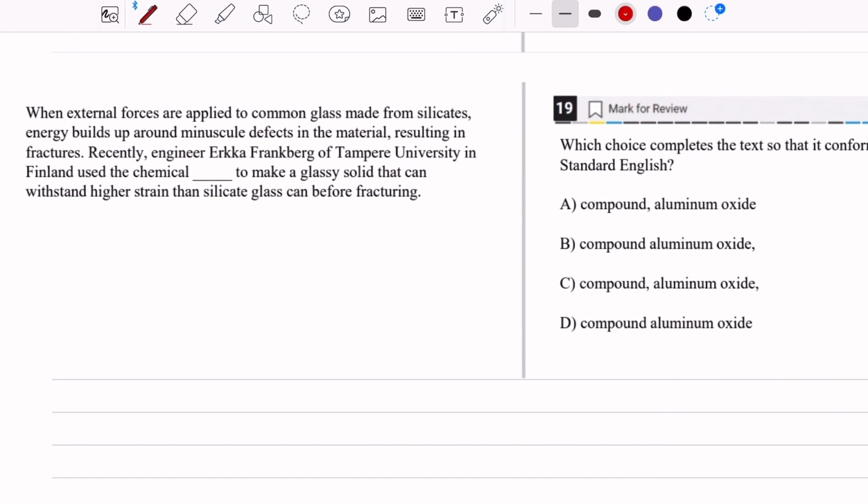So recently, engineer Erika Fränberg blah blah blah is the subject, used is the verb, the chemical is the object, to blah blah blah to make a glassy solid. It's a modifier, and that can also modify the glassy solid.